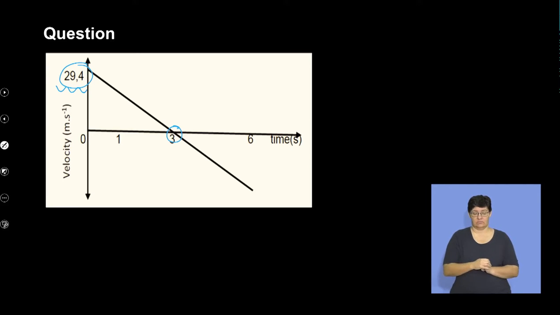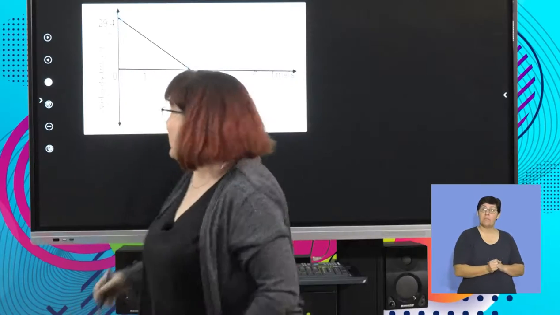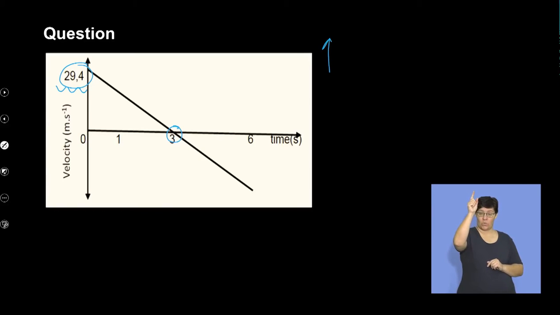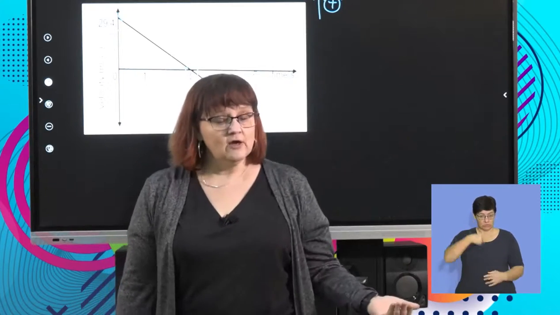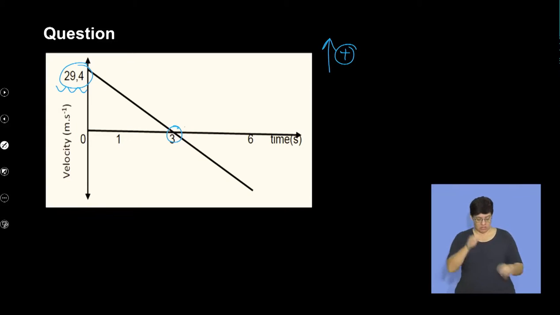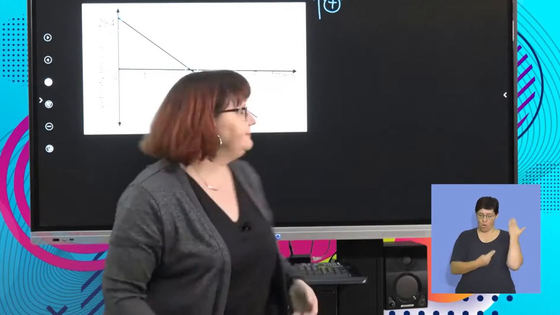I know I threw it up. I have to take up as my positive direction throughout this question. I don't have a choice. And this is why I don't want you to learn that down is always positive or up is always positive, because then when they change in the question and decide what is positive and negative, it gets a bit confusing. So make sure you can work with both, okay?